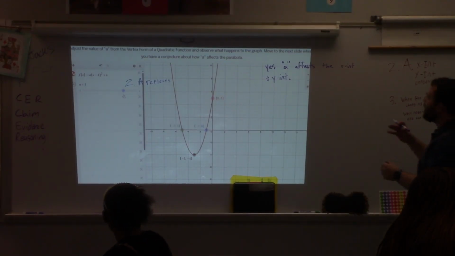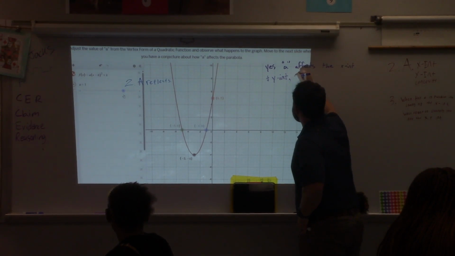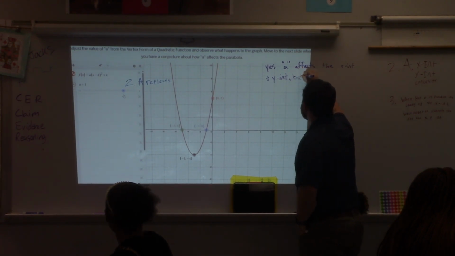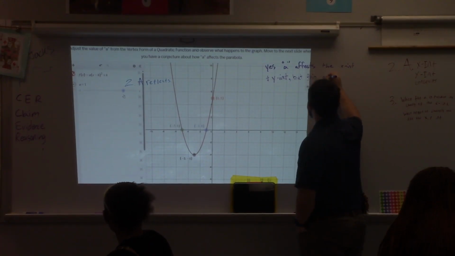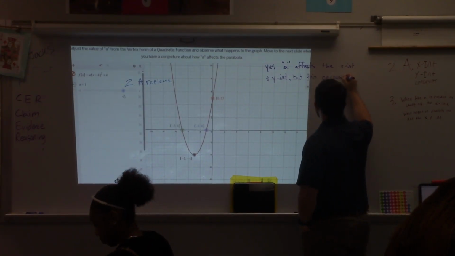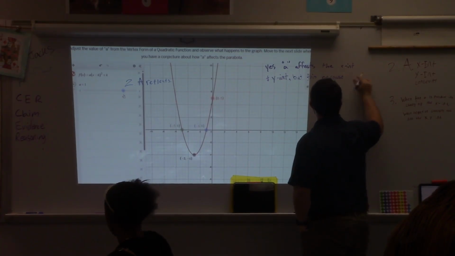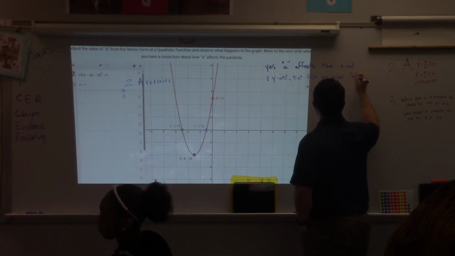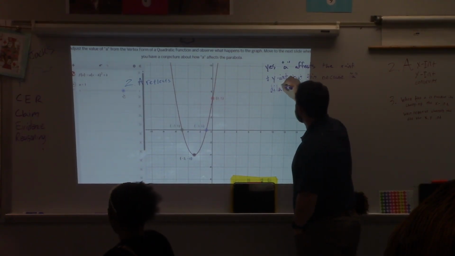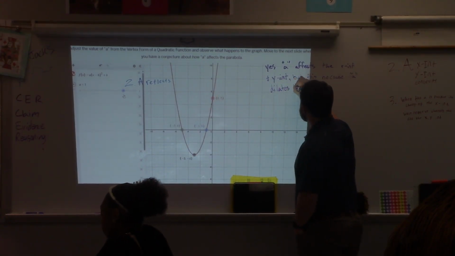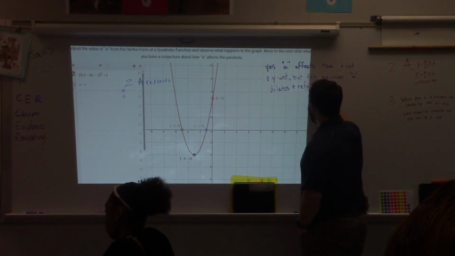Okay, so yes, A affects the x-intercepts and y-intercepts, but this is because A dilates and reflects. Okay, so that's why that's happening, but here's the priority.